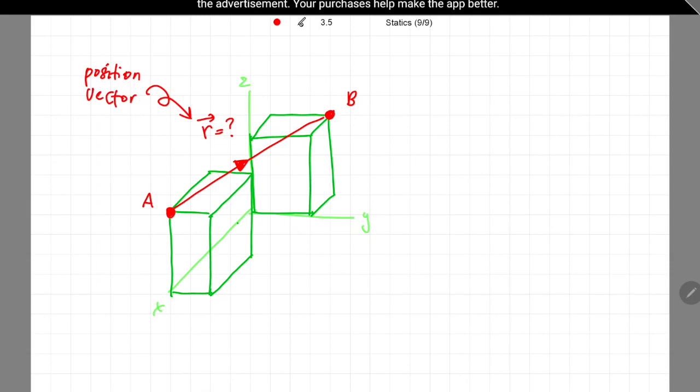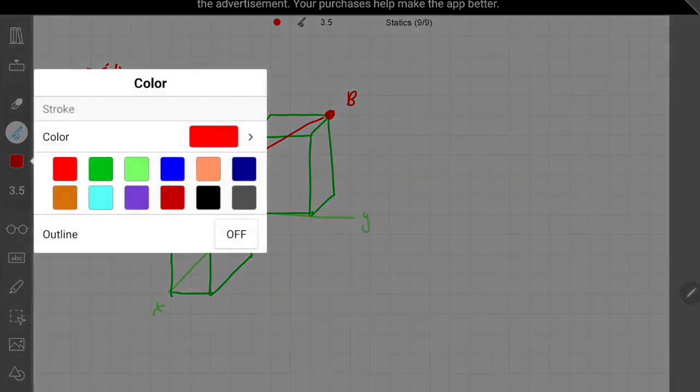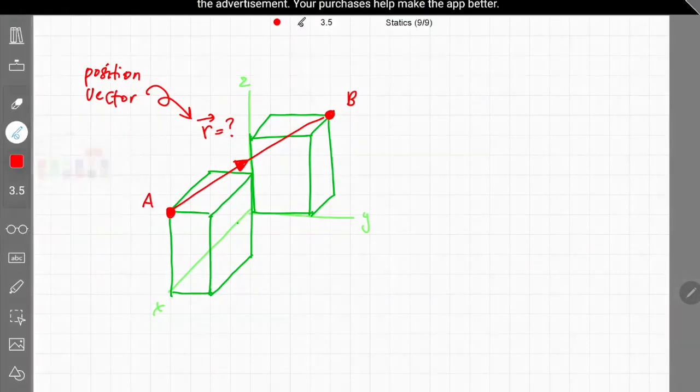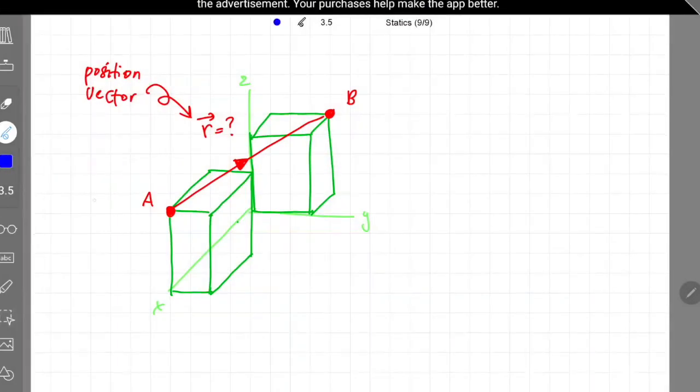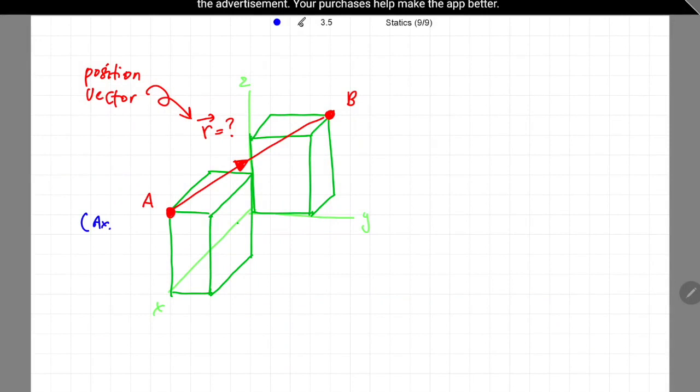In order to analyze the position vector, kita boleh utilize the coordinates of these 2 points. Let's say coordinate A can be represented with AX, AY and AZ. Coordinate kan, so dia ada X, Y, Z nya value. Accordingly, coordinate B can also be represented with BX, BY and BZ.